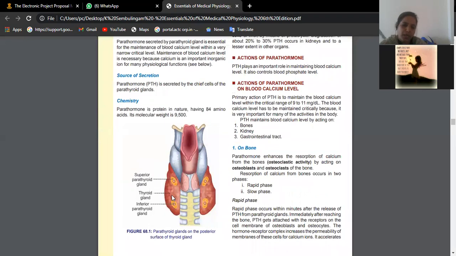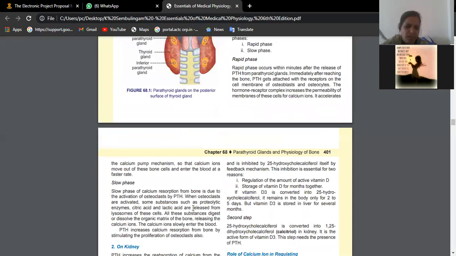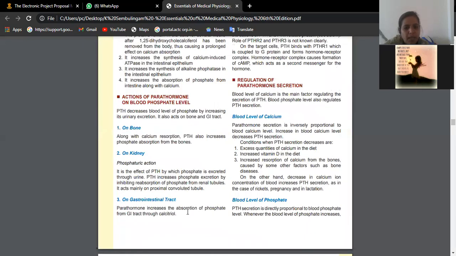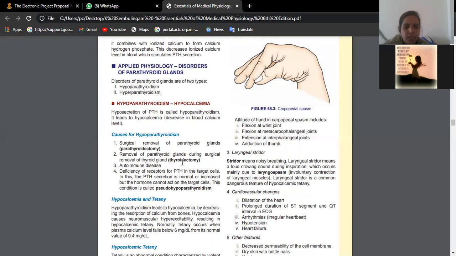So surgically, even these glands got removed due to negligence of the surgeon. Sometimes, not always. That is parathyroidectomy, which has taken place due to defective surgery during removal of the thyroid gland, or sometimes autoantibodies may be formed and they are killing the parathyroid gland. Okay, or deficiency of receptors of parathyroid hormone in the target cells.